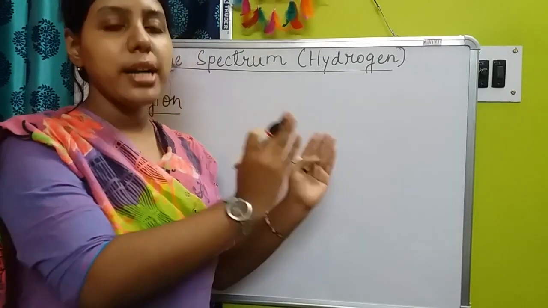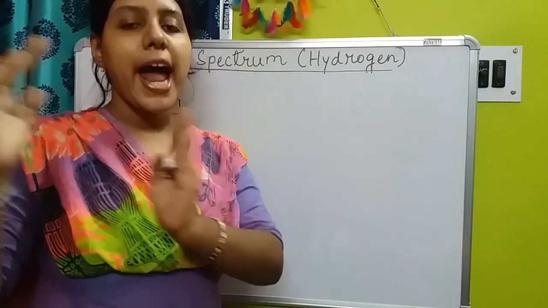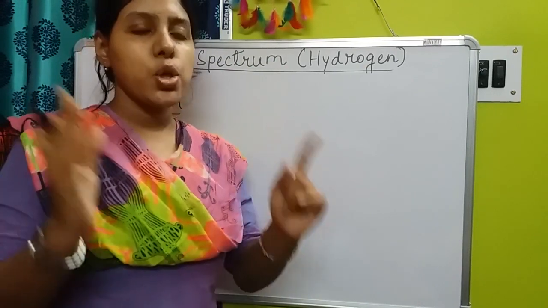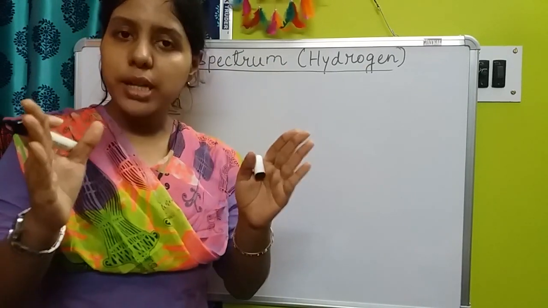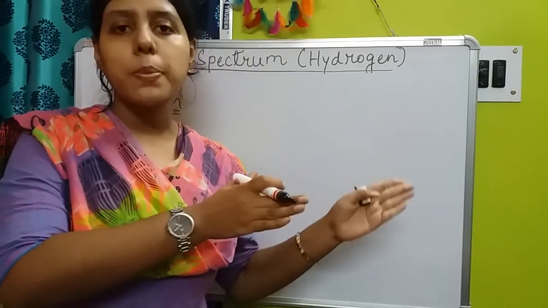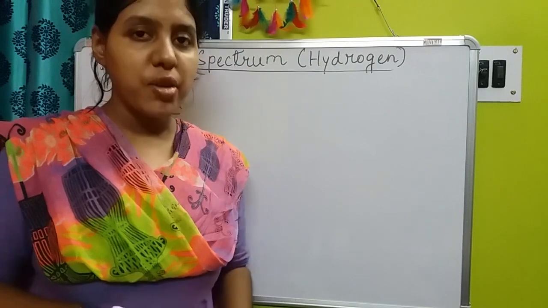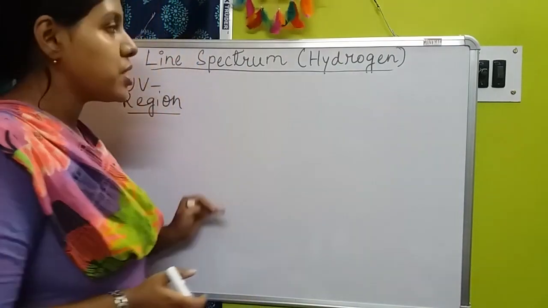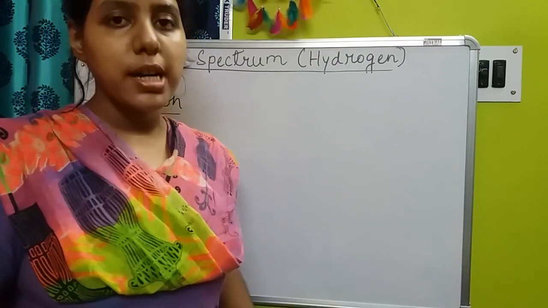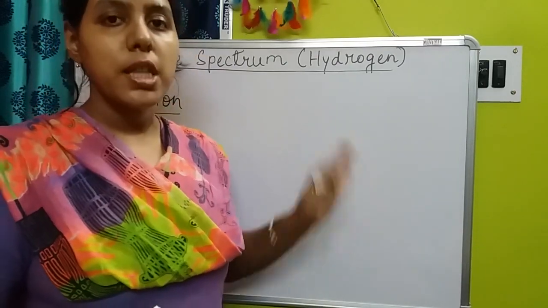UV is on the left, visible in the middle, and infrared on the right. We can only see the lines in the visible region, but we cannot observe the UV and infrared regions. These regions were observed by other scientists, and are named after them.